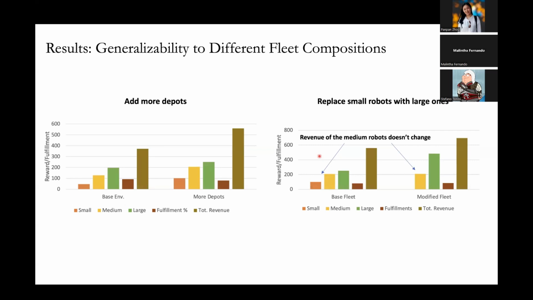Then we added more depots in the system, and we also added more robots, including more large robots, and it responded by increasing the fulfillment ratio. Then we replaced the small robots with larger ones. Essentially, we added more large robots in the system, and now the total completion ratio increased because large robots can deliver more packages than the small robots.